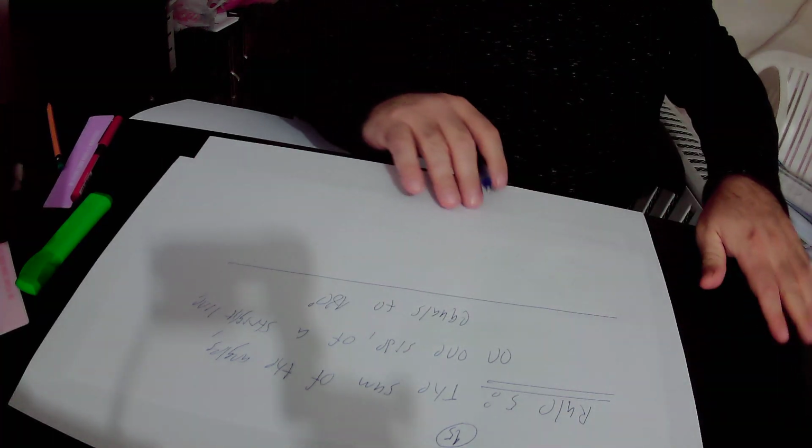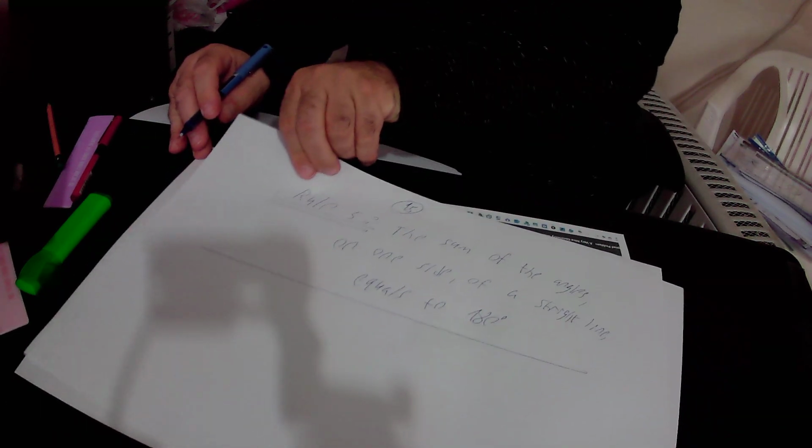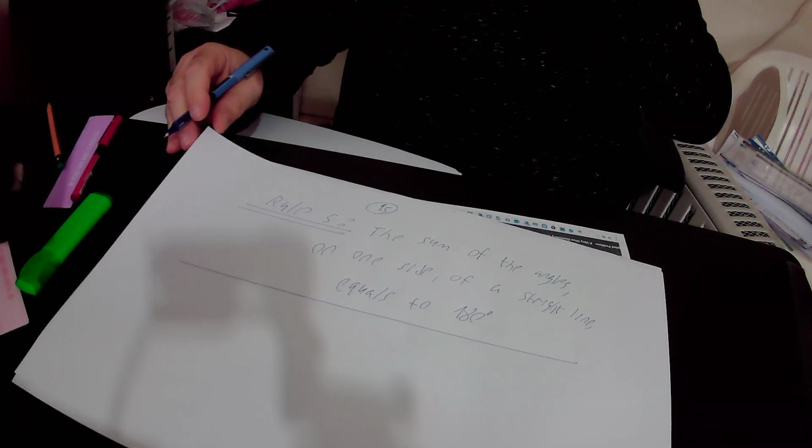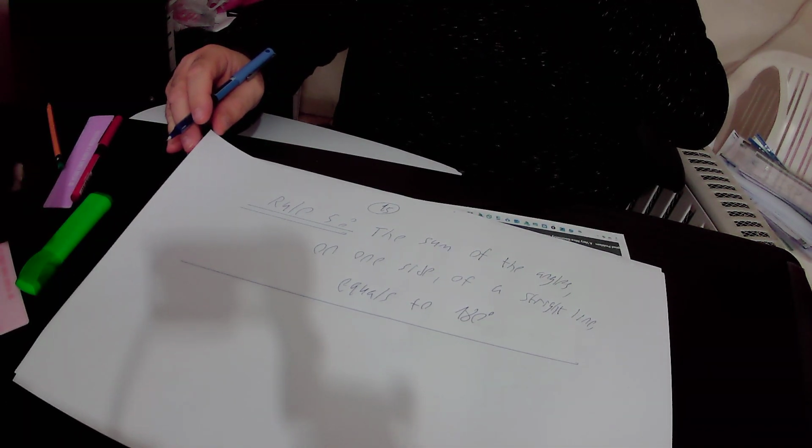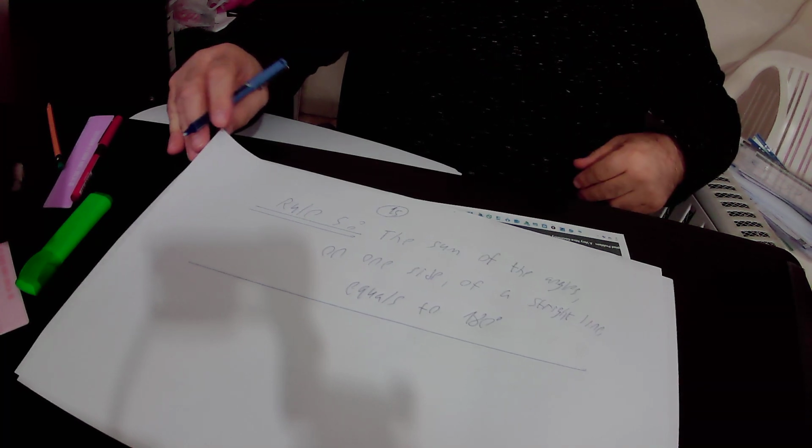So I'll repeat again, rule number 5 states that the sum of the angles on one side of a straight line equals 180 degrees.